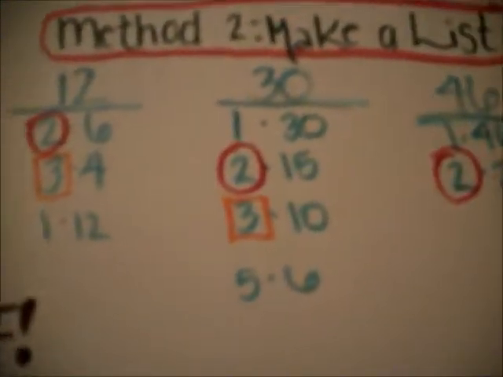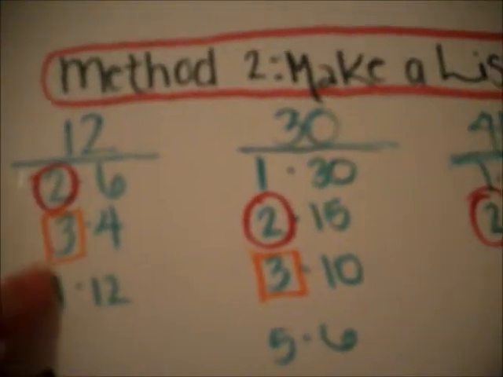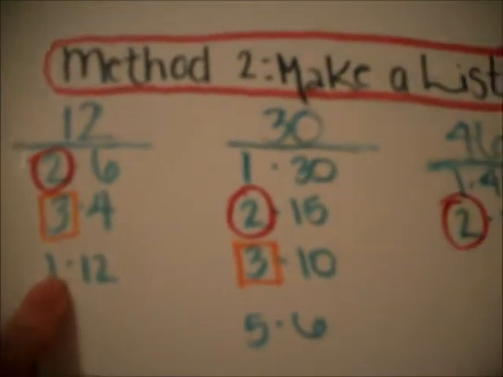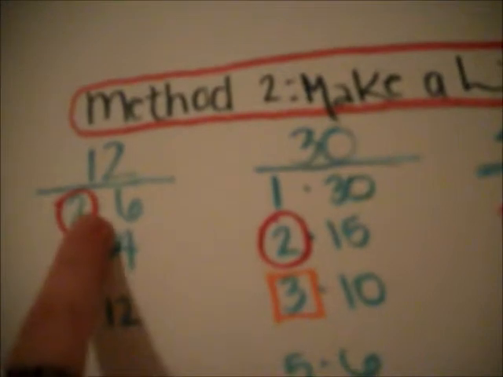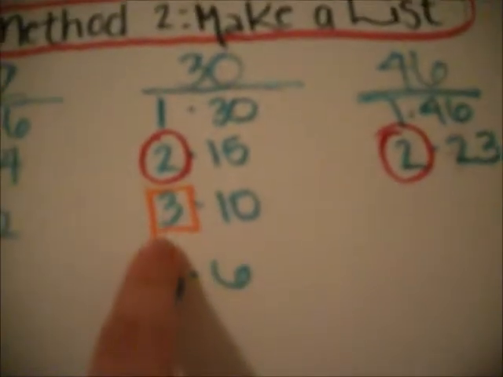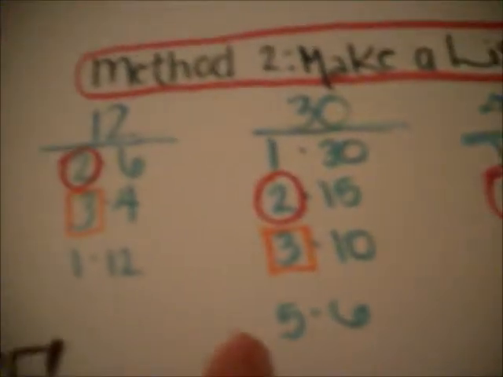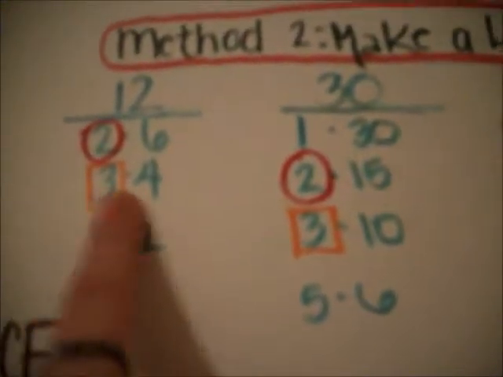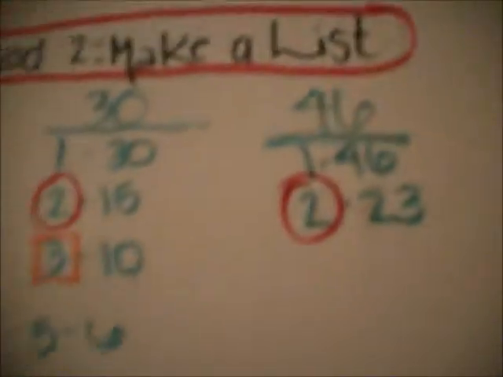Now with this, I like to order from least to greatest, except I didn't with this one, but it works out best because, such as here, 3 is the highest number on this one, which means you don't have to go past 3 because you know it wouldn't be a greatest common factor, just to save you time.